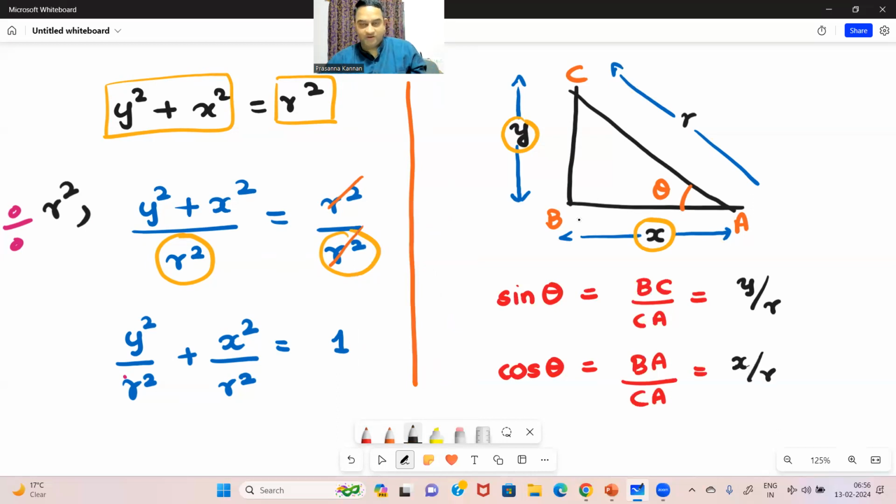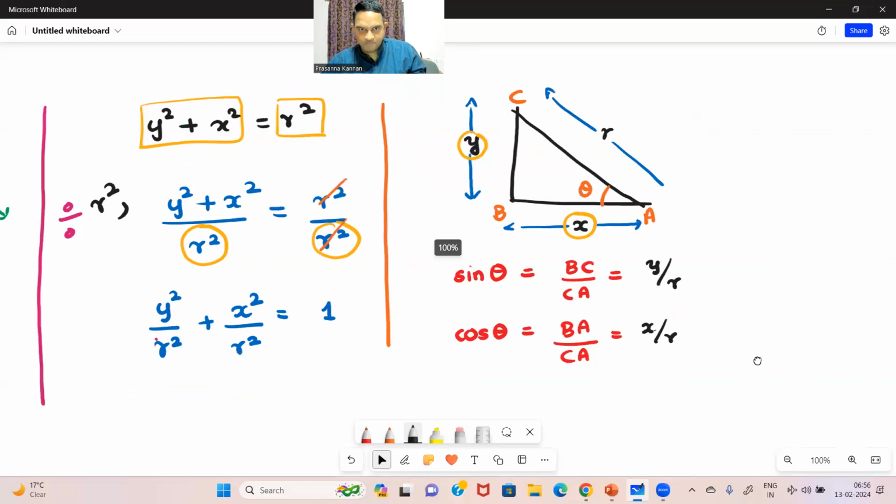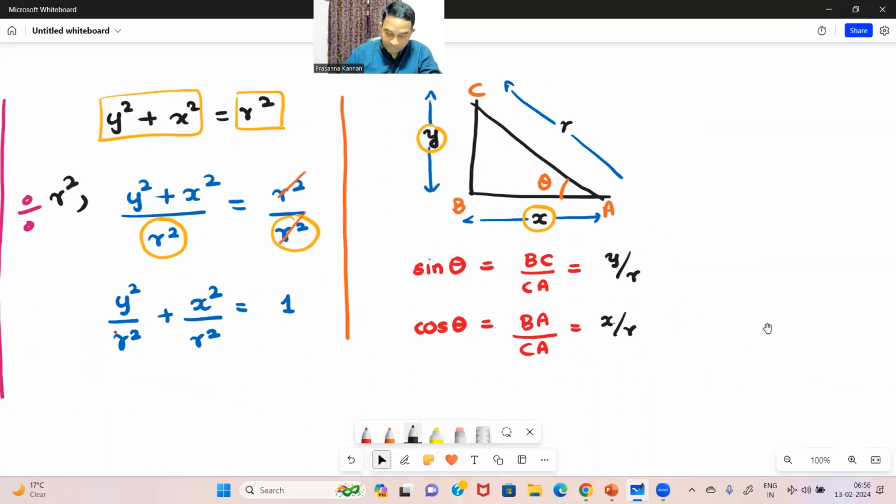Okay, now see here. So y by r is sine theta, right? What will be y square by r square? That means I'm squaring it, right? Y by r is sine theta, so y square by r square will be the square of sine theta.